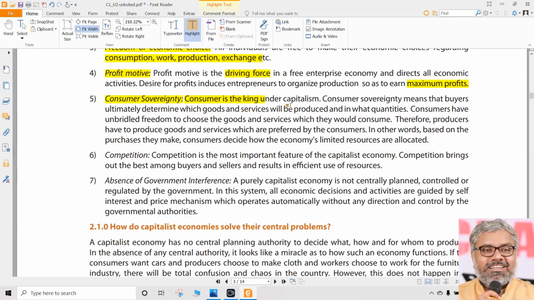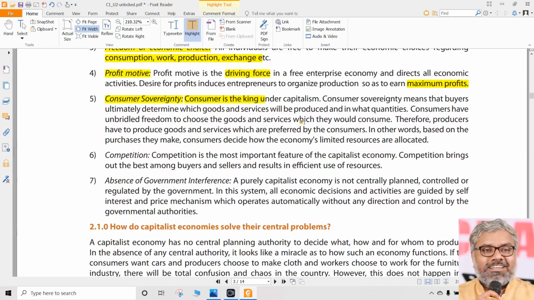Consumer sovereignty means that the consumer has the power. The consumer will ultimately decide, not directly but indirectly, how much of goods or services should be produced, in what quantities, and what goods are to be produced. So, relating it to the earlier challenges or questions we had, which are basically about what to produce: what to produce is a question answered by whom in capitalism?